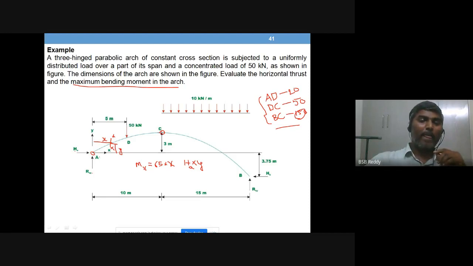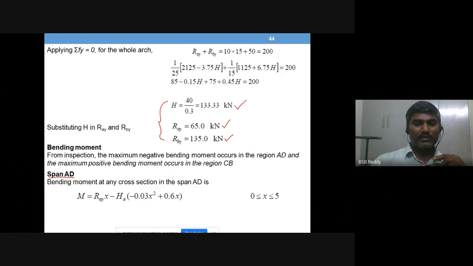The direction is anti-clockwise, so left anti-clockwise is negative. You can see the equation here: RAY into x, that is 65 into x, minus HA into y.